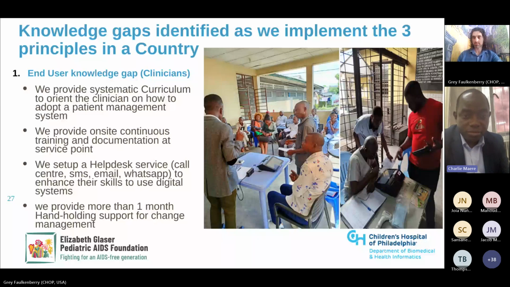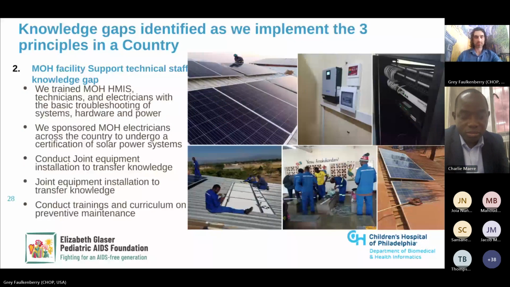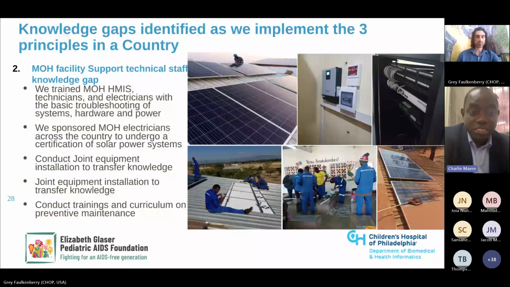The second gap which we saw is actually the Ministry of Health or government technical support team, which are either at site or at regional or at district level, where we offer detailed training in infrastructure troubleshooting.